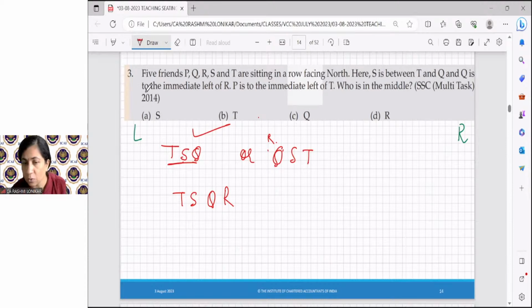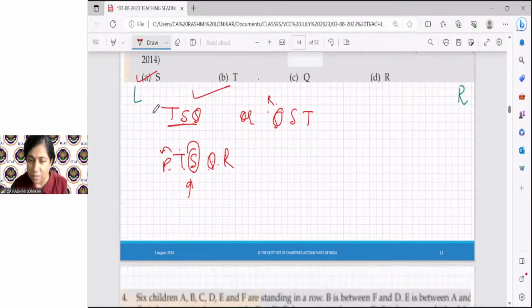So this will be the case. P is to the immediate left of T. Immediate left of T is P. P, Q, R, S, T. This is the arrangement. Who is in the middle? 1, 2, 3. S is in the middle. So third, option A will be the correct answer.